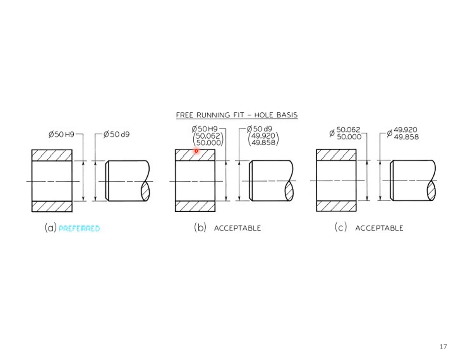Or we can say that the tolerance is going to be plus 0.062 and minus 0. The same thing for the shaft. You can see that the diameter is always going to be less than the 50, and thus both are going to be negative tolerances. And the main reason for that is that we need to have a free running fit. And once again, we can write it as the maximum and the minimum diameter for the shaft and the hole.